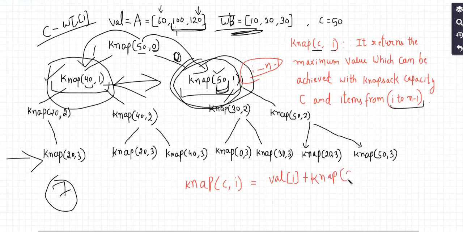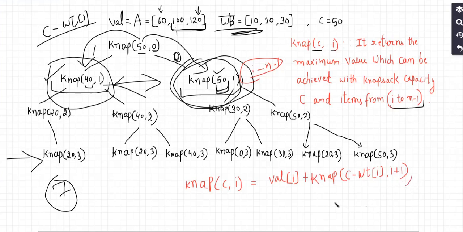But here I have to pass the capacity decreased by the weight of the item I'm currently putting in the knapsack, that is weight I, and I am calling the function on the next index.